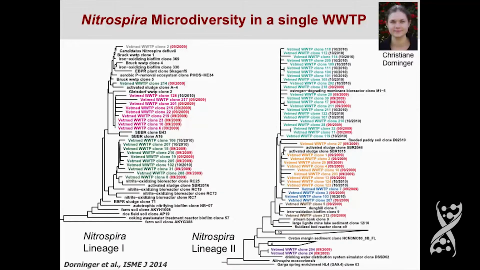For example, the nice microdiversity that you always see in wastewater treatment plants. Here you see sequence trees of Nitrospira lineage 1 and 2, which contain samples from only one single wastewater treatment plant, but from different years.